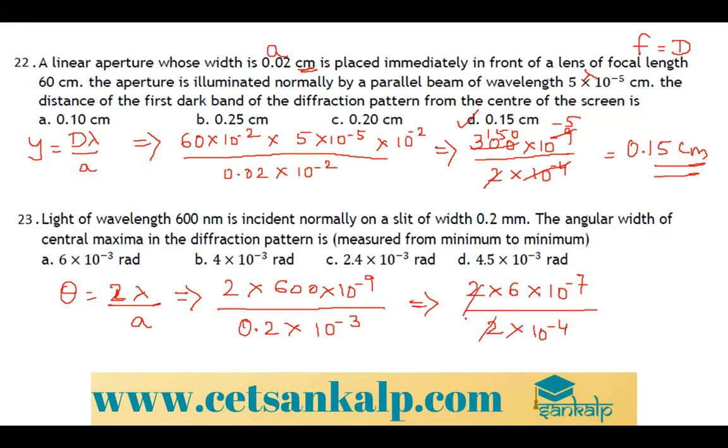Minus 9 plus 2 is minus 7. 2 and 2 get cancelled. 10 to the power minus 4 cancels, minus 3 remains. So your answer will be 6 into 10 to the power minus 3. It is radian. So option A. Clear?